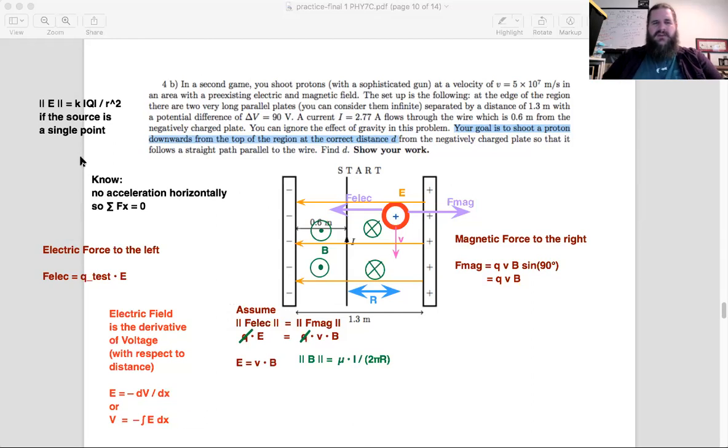In fact, this is very similar to something you've seen before. If we multiply both sides of this by charge, what's charge times electric field? Yeah, that's the force. And what's charge times voltage?